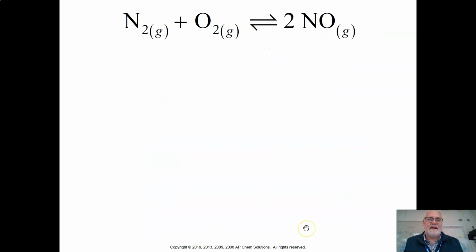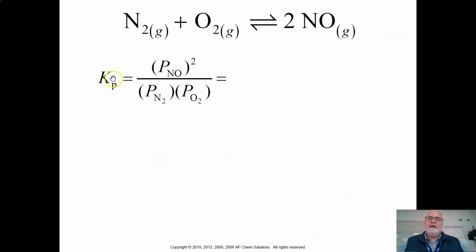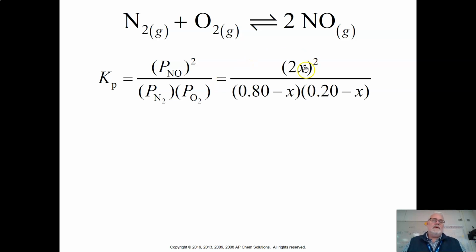So when you set up the Kp, remember parentheses, because it's Kp and it's partial pressures. And when you put the values in there, 2x, and that's going to be squared, so you just plug in the 2x squared. And both of these guys didn't change much last time.